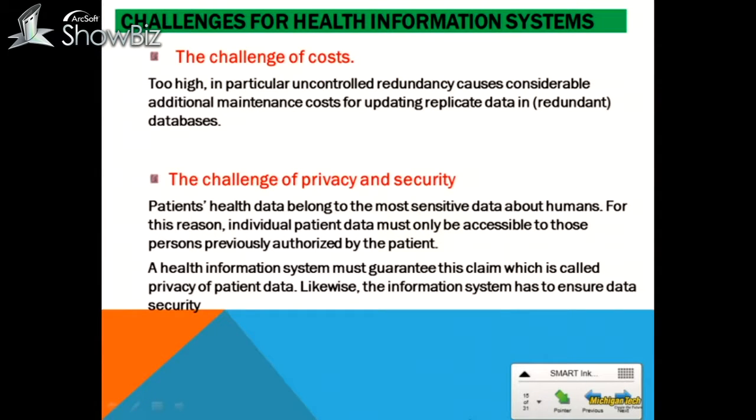Also, we have another two challenges. One is the cost. Think about this one. In fact, when I talk to some doctors, they say if you adopt this health information system, that means he needs to buy more equipment, more computers. He needs to get his staff or his nurses to go to training.